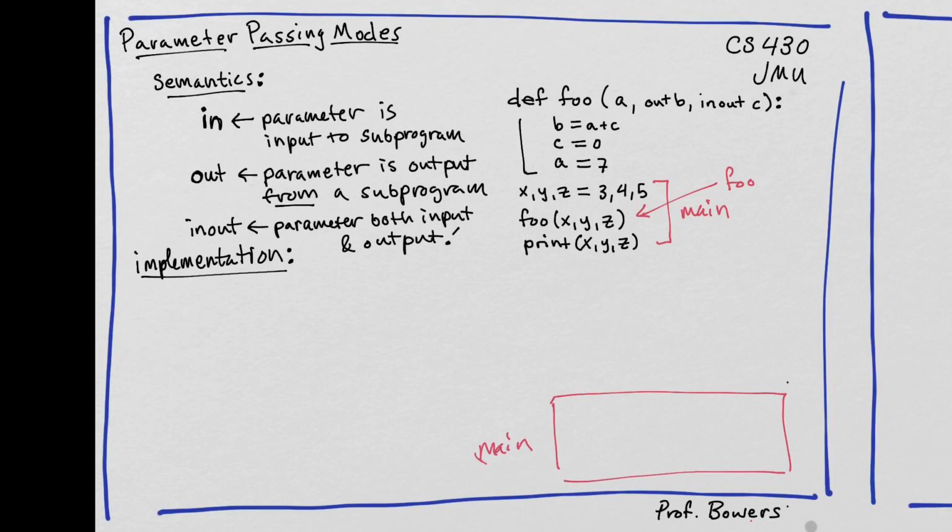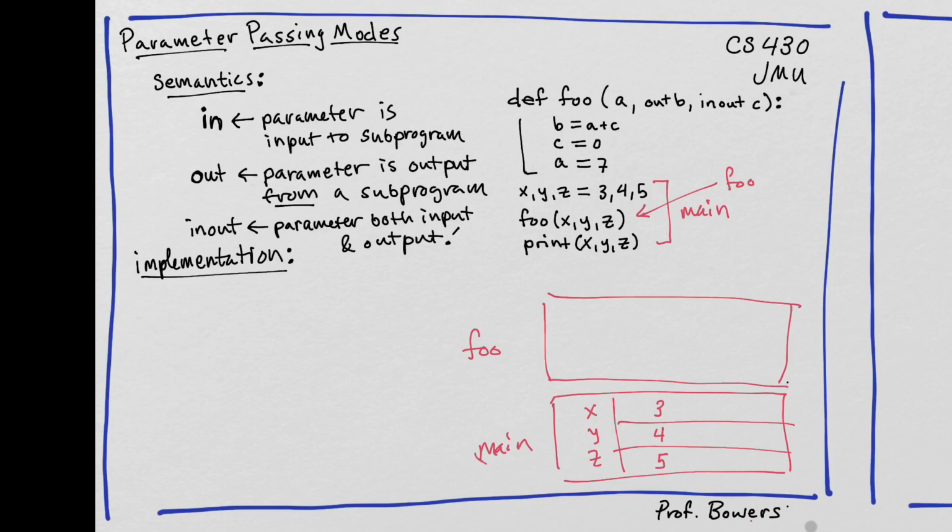and it's going to have its variables x, y, and z, and so maybe something like this. X is initialized to 3, y is initialized to 4, and z is initialized to 5 as per that line of code. And now what I'm going to do is call foo, and for the purposes of dealing with the in-out, we'll do A as we normally would.